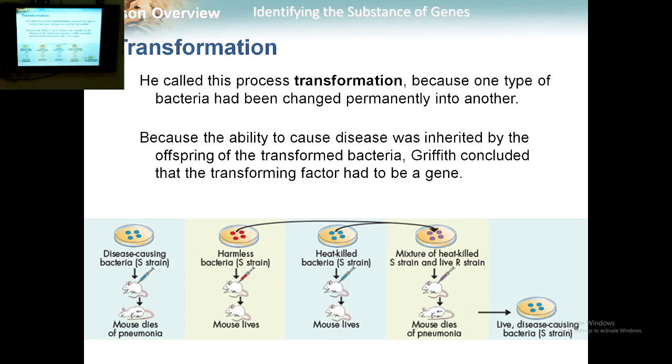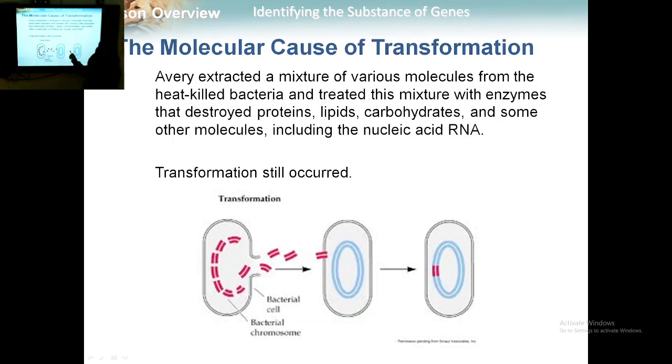The ability to cause disease was inherited by the offspring of the transformed bacteria. So he concluded that the transforming factor had to be a gene. There is a gene inside the heat-killed bacteria that changed the R bacteria. This is the first experiment, done by Griffith.